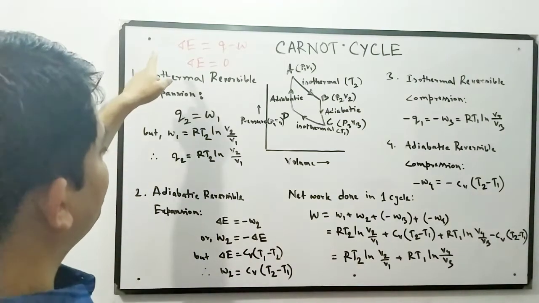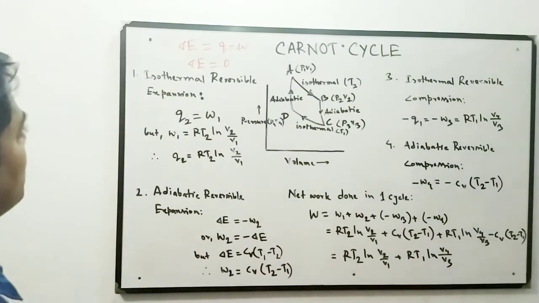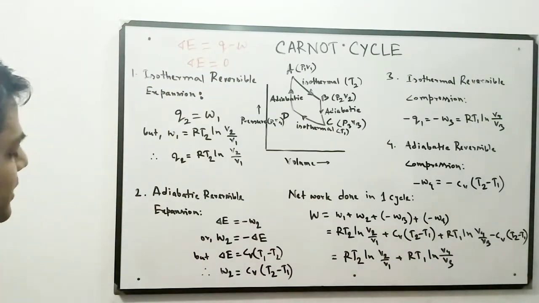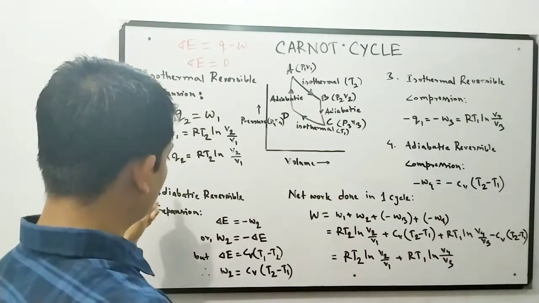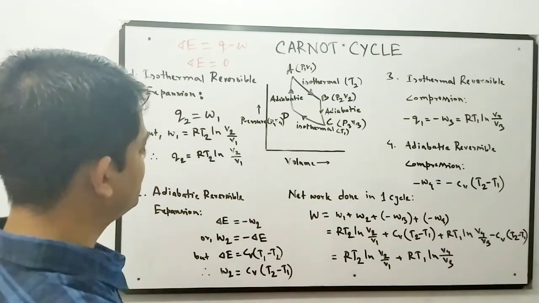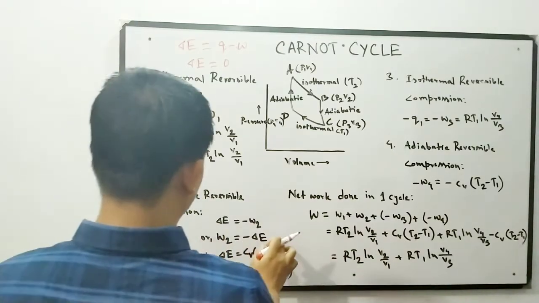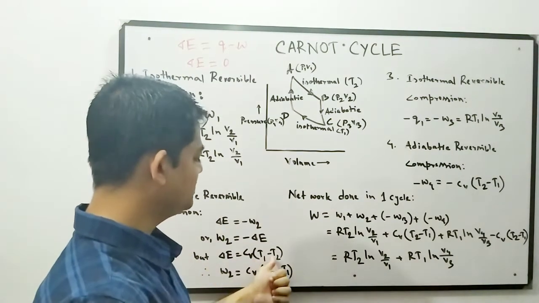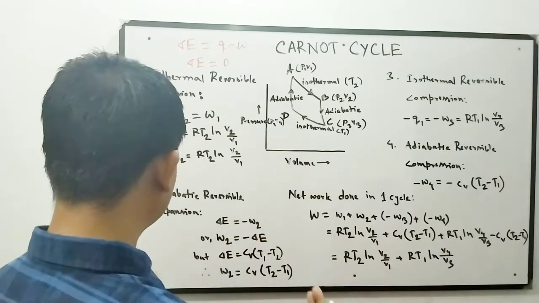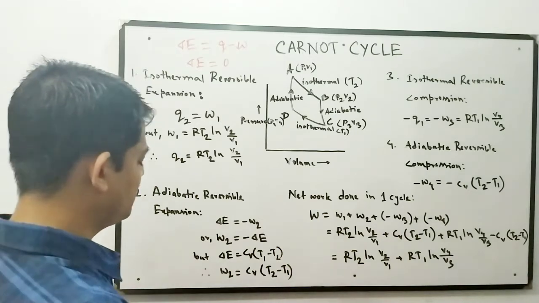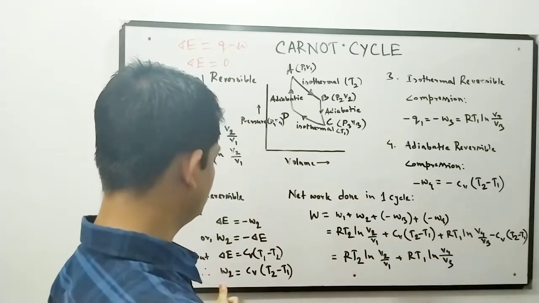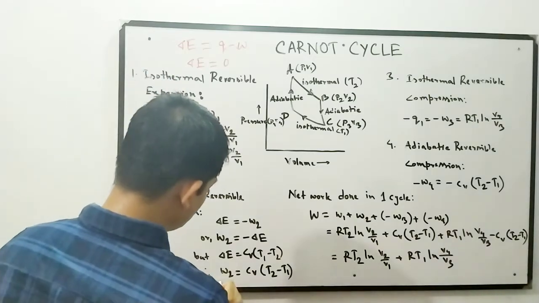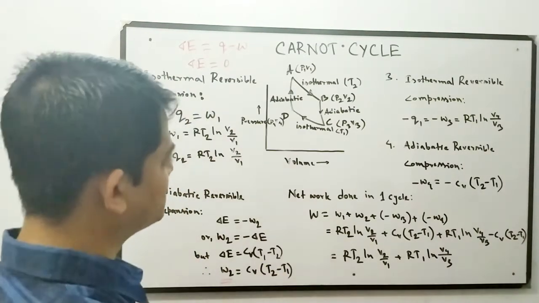It also comes from the first law, where Q = 0 because the process is now running adiabatically. So W2 = −ΔE, but we know ΔE = CV(T1 − T2) for the adiabatic reversible expansion of an ideal gas. So W2 = CV(T2 − T1), and here W2 is also the work done by the system.